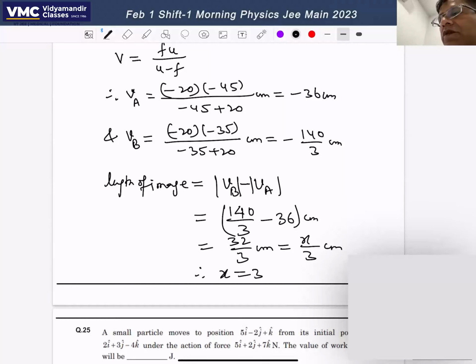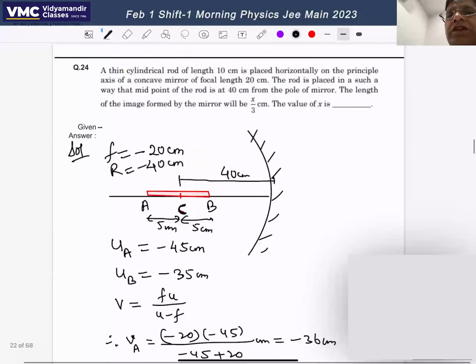So this x comes out 32. So the answer is 32.